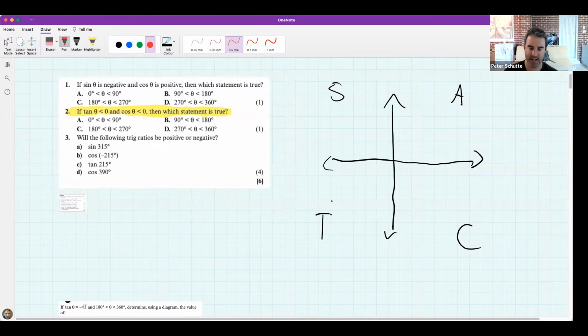So if tan is negative, it has to be in this quadrant or this quadrant. And cos is negative in either this quadrant or this quadrant. The only quadrant that I see that has 2 ticks is quadrant number 2. These are angles between 90 and 180. So the answer is going to have to be B.